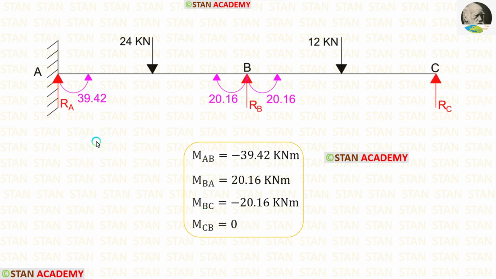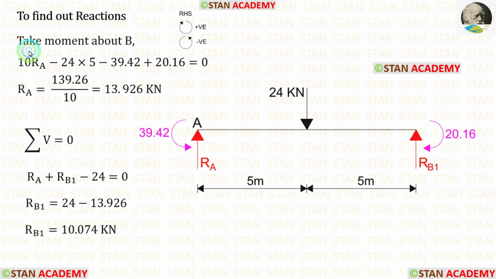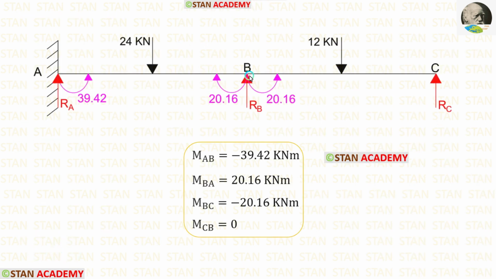Now, let us find the reactions. First, let us take the span AB and find the reactions. By taking moment about B, we can find RA. By applying the rule sigma V is equal to 0, we can find RB1.